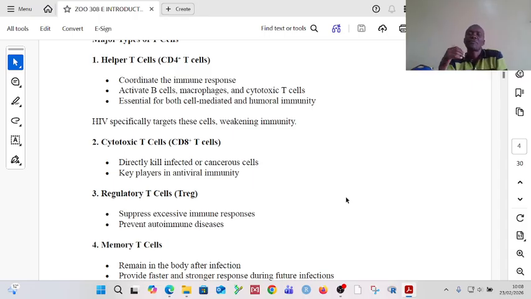When the response is too much, is excess, it has to be regulated. It has to be brought down. Because they reduce the excessiveness of these immune responses, these regulatory T cells are critical in the prevention of autoimmune diseases.